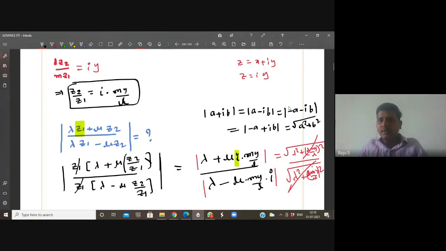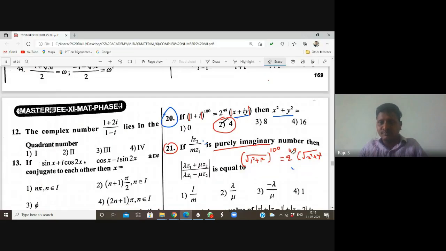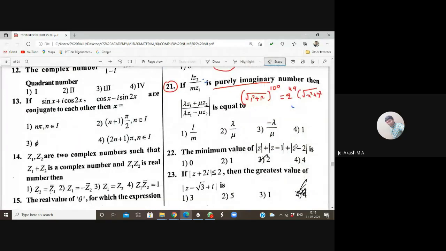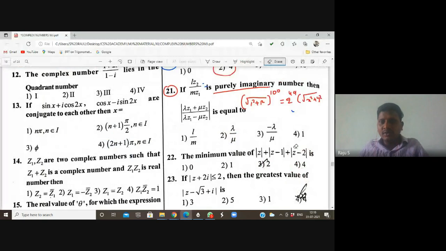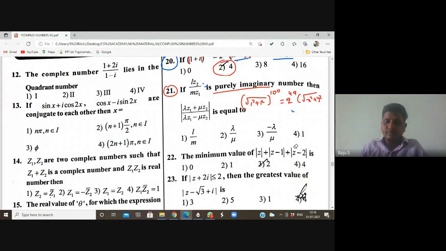Yes, students, so the numerator and denominator modulus values are the same, so the answer becomes 1. Which one of the options is correct here? Fourth one. Any doubts in this question? No, sir.